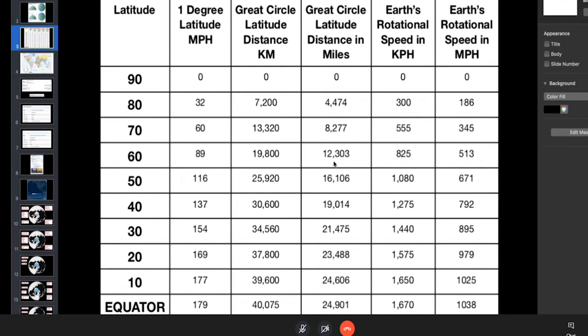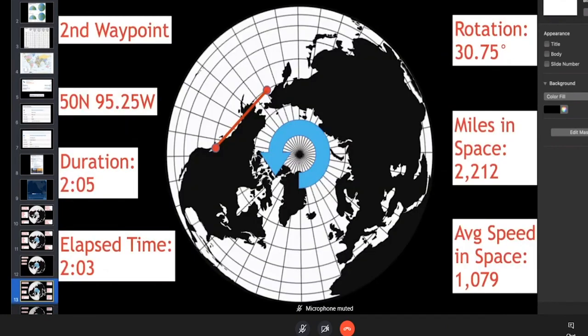So it's just 12,303 divided by 24. So when we talk about how fast the plane is going in this presentation, we're talking about the 513 miles an hour that they inherited from their starting latitude, plus the speed that they accelerate due to their engine or other factors.